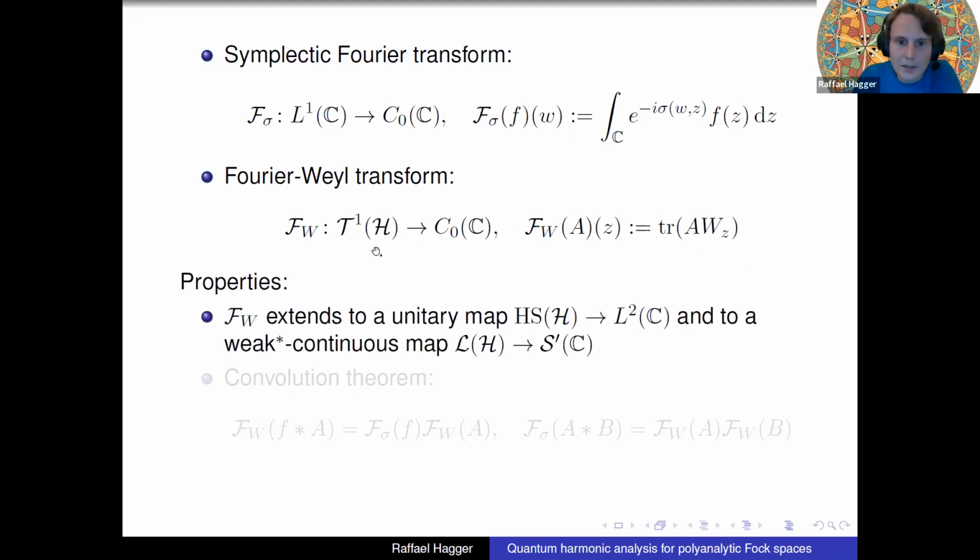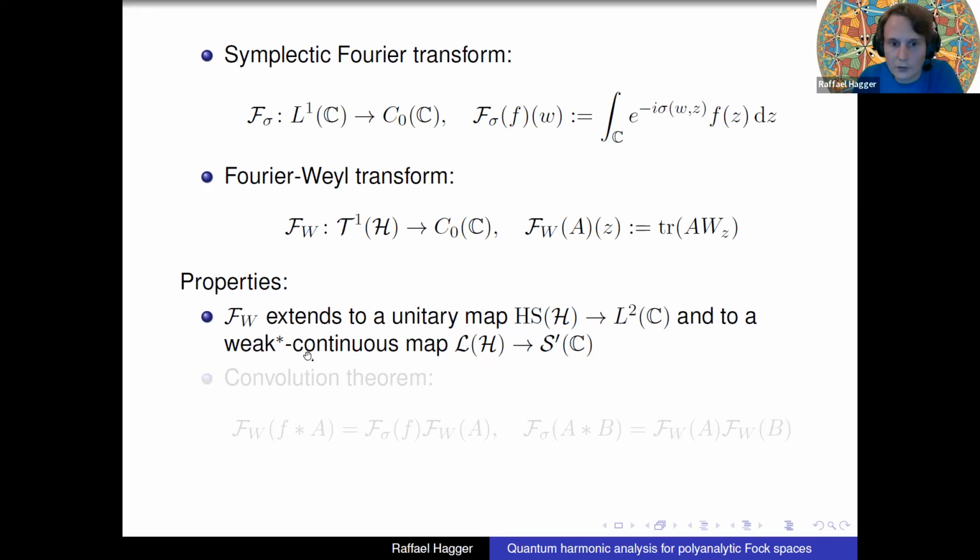So you can now take this and extend it to a unitary map from the Hilbert-Schmidt operators to L2. And you can go further, just like you can with the Fourier transform when you do Fourier transforms for distributions. You can extend it to a weak star continuous map from the bounded linear operators into the tempered distributions.